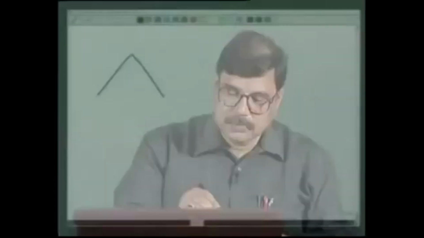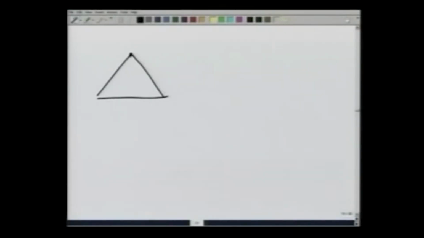If I go to point 2 here, then according to the way we have made forces, point 2 would be feeling a force this way, which is F23, a force this way, which is F12, which we have already determined to be W over root 3, and a force this way, which is W.